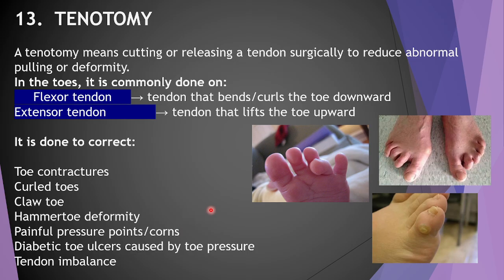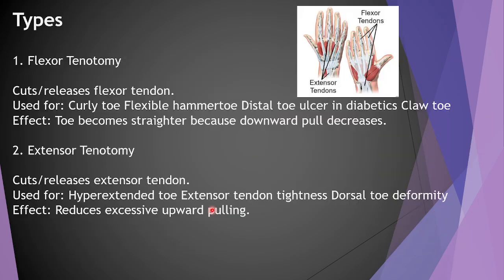Moving to the next, here we'll see the types of tenotomy. There are two types: flexor tenotomy and extensor tenotomy. Flexor tenotomy means a cut or release of the flexor tendon, and extensor tenotomy is performed on the extensor tendon.